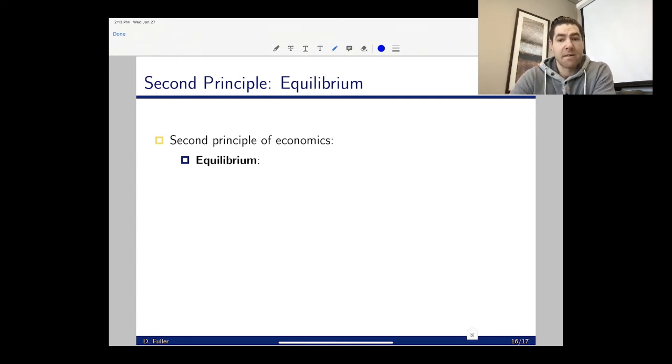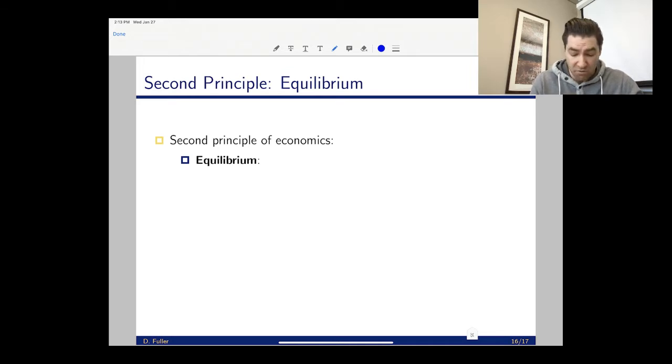So the second important fundamental concept in economics, one that we will use in this class, is the idea of equilibrium. Let me define it formally, and then we'll work through some particular examples. Equilibrium has two features.